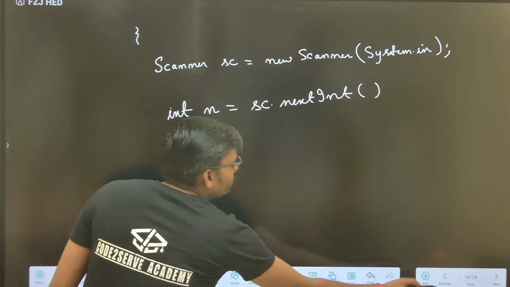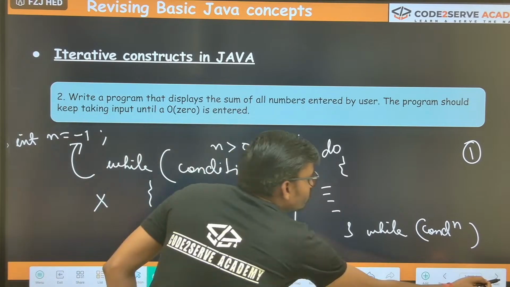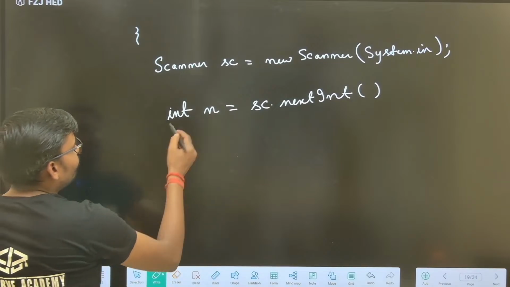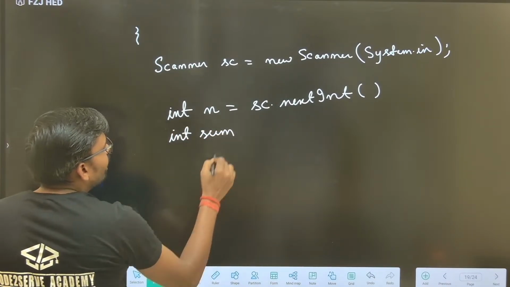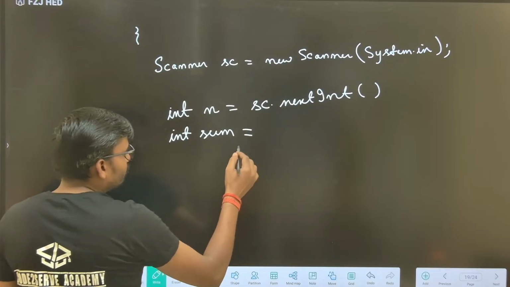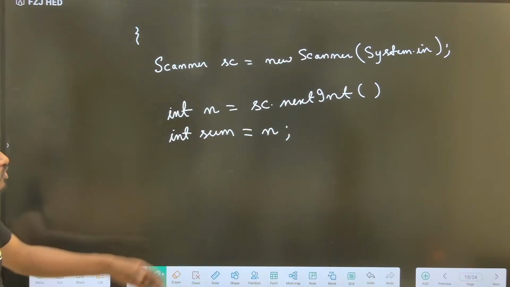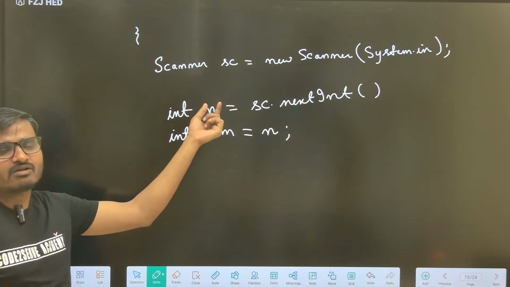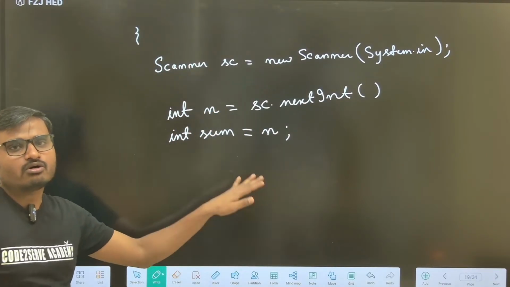We were asked to find the sum of all the numbers. So we create int sum, initially equal to 0. Suppose the first number entered was 0, then your sum will be 0 and you don't need to execute the while part.